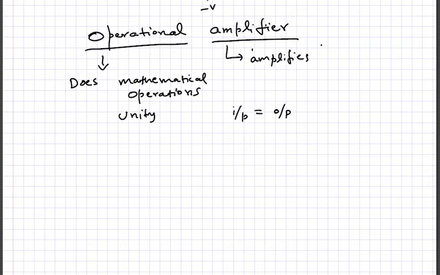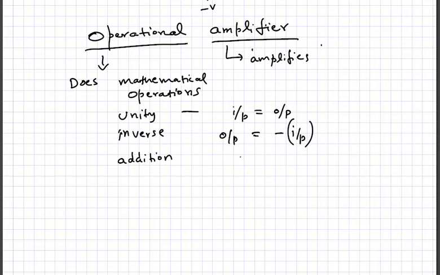Input is equal to output, unity, or inverse: output is equal to minus input, negative of the input. And then it also does addition. So output is equal to input 1 plus input 2.